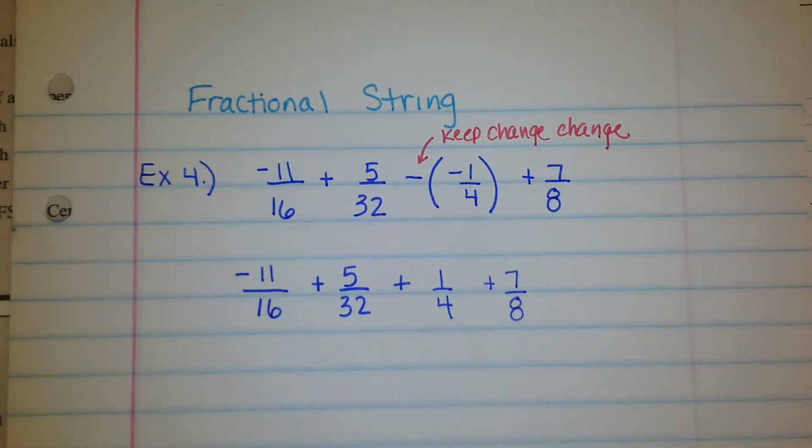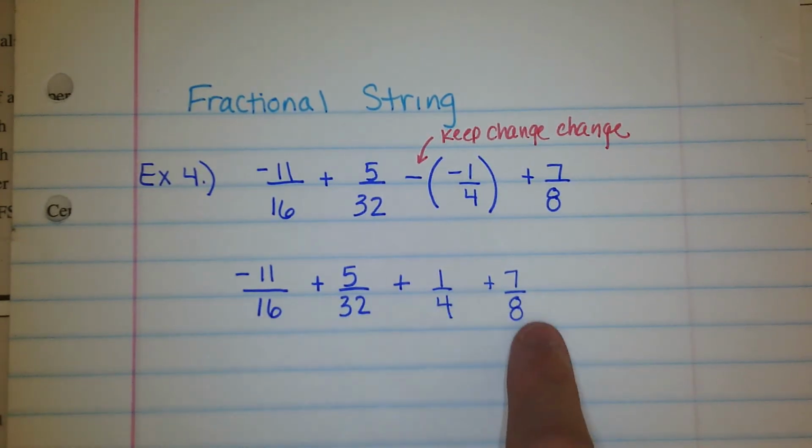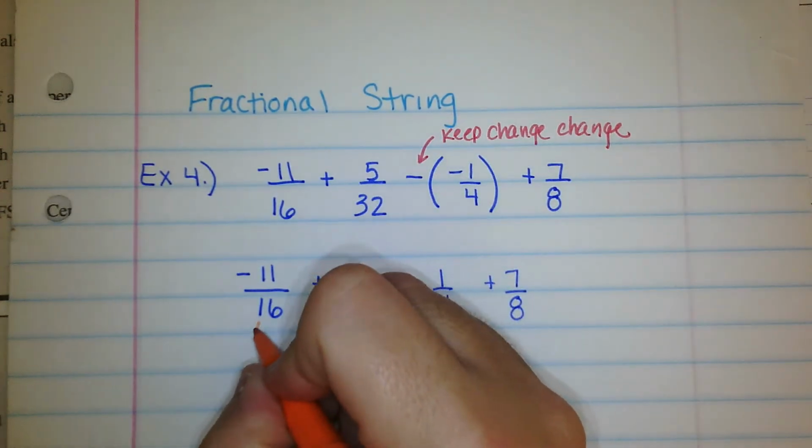Our next strategy is we need to see, because we have so many different denominators, is there a common factor that all of them have? And in fact, there is. Every single one of these is divisible by 4. 4 goes into each one of those. So we're going to use 4 and see what you're going to have to cross out and what you're going to keep.